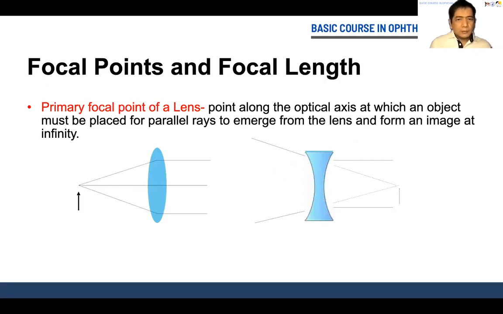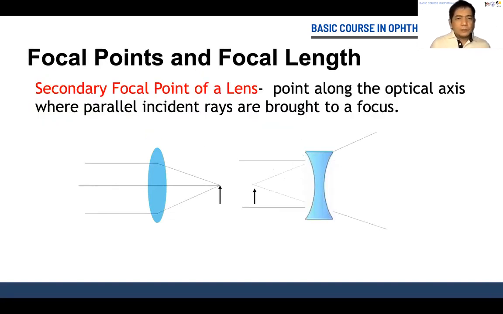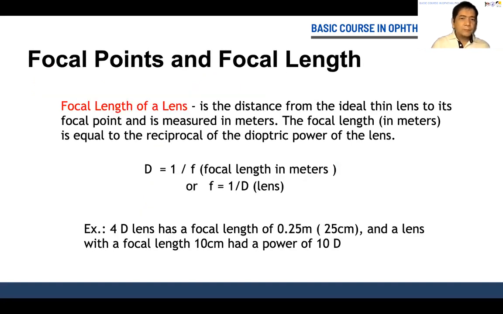So the primary focal point of a lens is a point along the optical axis at which an object must be placed for parallel rays to emerge from the lens and form an image at infinity. Okay, the secondary focal point is the point along the optical axis where parallel incident rays are brought to a focus, as you see in the illustration.